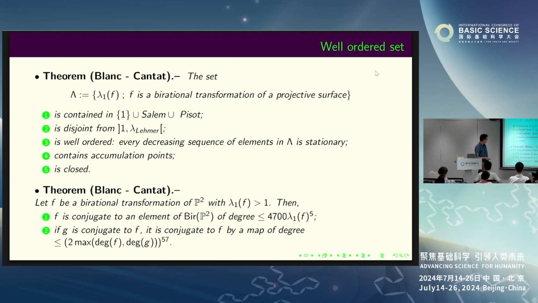The theorem tells you that to find such a map H that conjugates G to F, you only have to look among maps of degree which are explicitly bounded by this formula. So F and G are conjugate, this is what you know. But maybe these maps are conjugate by something of very, very high degree. In fact, no, the degree cannot be so high. The bound is extremely bad, but it's explicit.